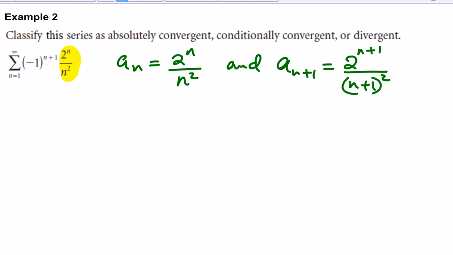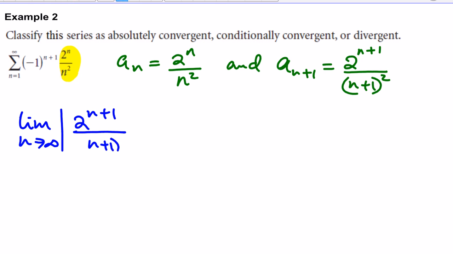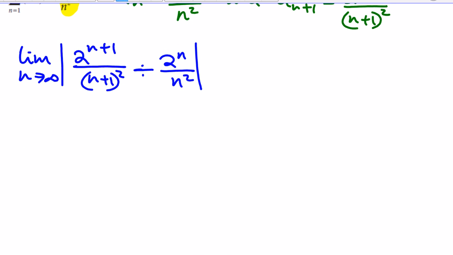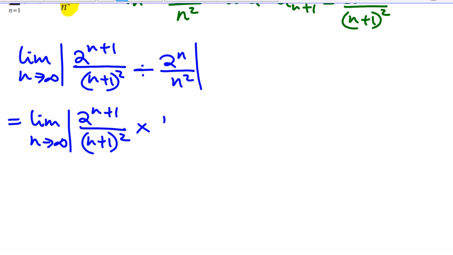So the limit as n approaches infinity of 2^(n+1) over (n+1) squared, divided by 2^n over n squared, which will be equal to the limit as n approaches infinity of 2^(n+1) over (n+1) squared multiplied by n squared over 2^n.